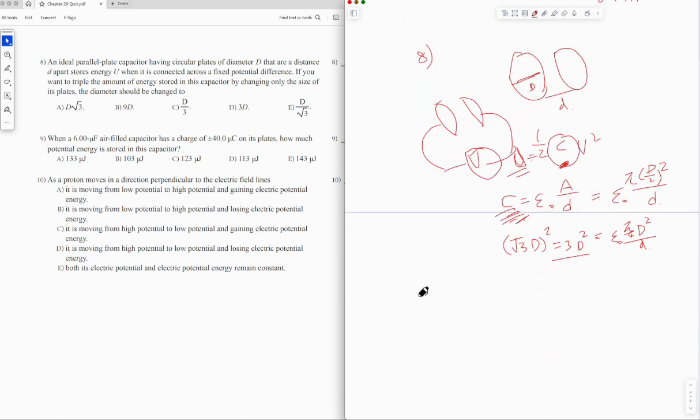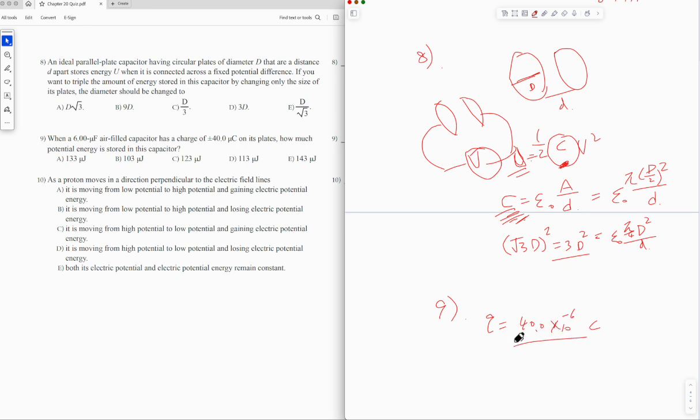Number 9. A 6.0 microfarad air-filled capacitor has a charge of 40.0 times 10 to the power of negative 6 coulomb on its plate. One plate has a positive amount of charge, the other plate a negative amount of charge.